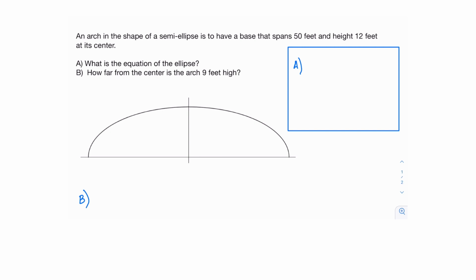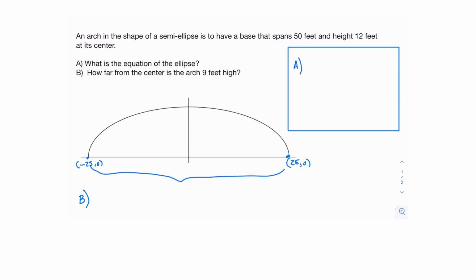So what we have first is we want to superimpose this ellipse on a coordinate system. That's going to make things a lot easier for us. And as we can tell, the horizontal axis is longer than the vertical axis. So since the horizontal axis here spans 50 feet, this point will be 25, 0, and this point will be negative 25, 0.